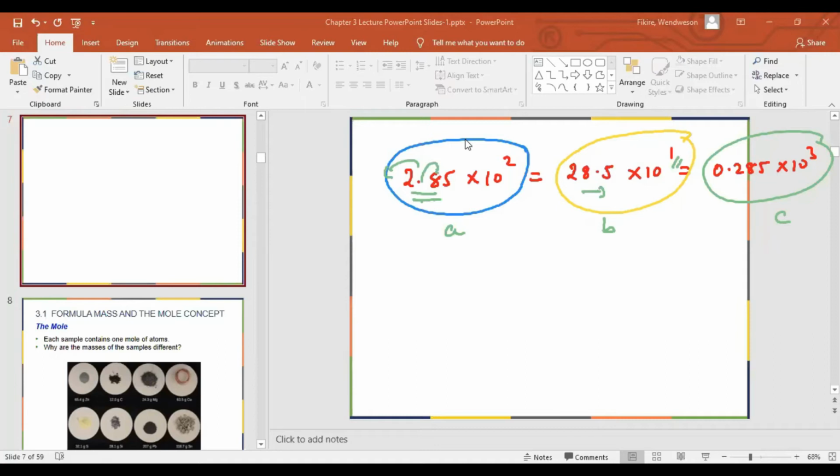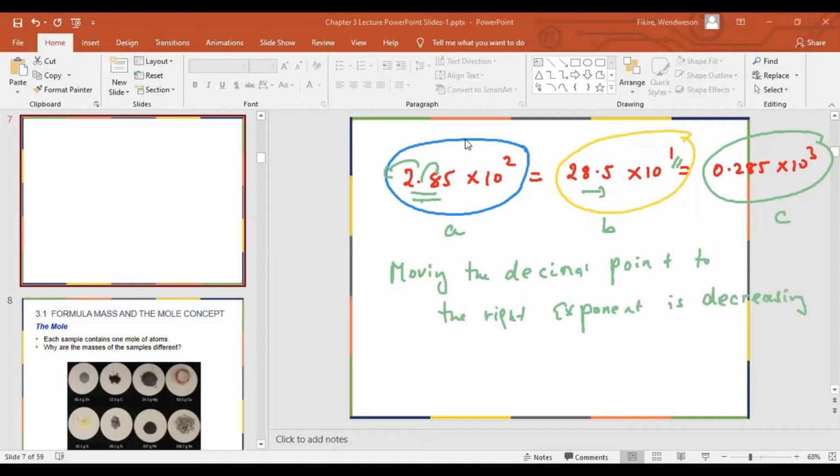Increasing or decreasing always comes to the fact of moving the decimal point to the right. Let me write this down. Moving the decimal point to the right, the exponent is decreasing, sorry, is decreasing.